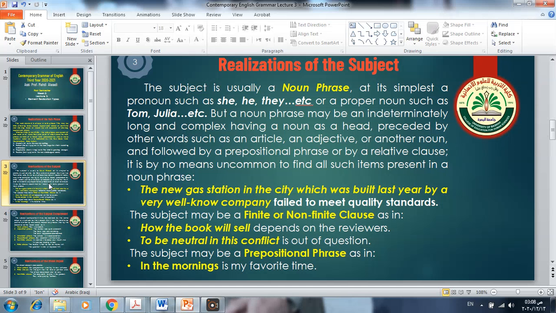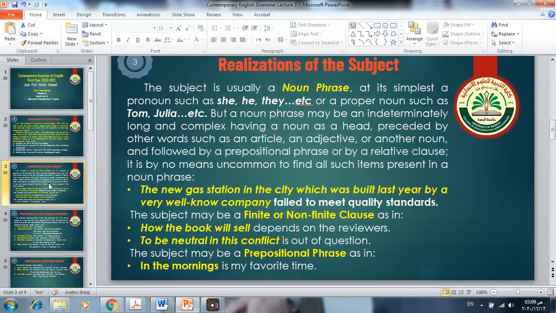The realizations of the subject. The subject of the sentence is usually a noun phrase. At its simplest, a pronoun such as he, they, she, or a proper noun such as Tom, Julia, etc. But a noun phrase may be indeterminately long and complex, having a noun as a head preceded by other words such as an article, an adjective, or another noun, and followed by a prepositional phrase or by a relative clause.